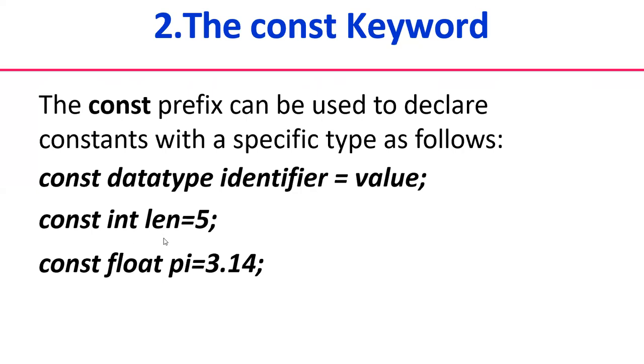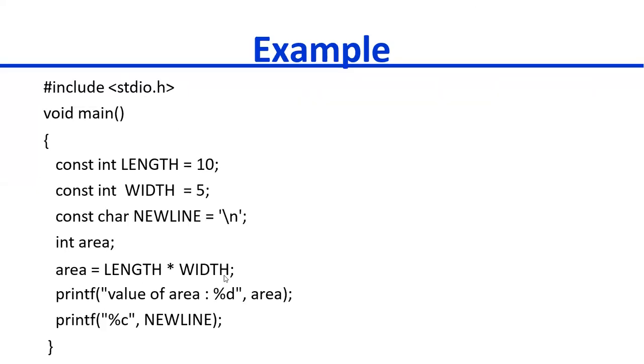For example, we can see const int, the data type, and then length as the identifier, and we give the length as 5. And if I wanted to also declare the pi value, which is always a constant, then I can have it as const float pi equal to 3.14.